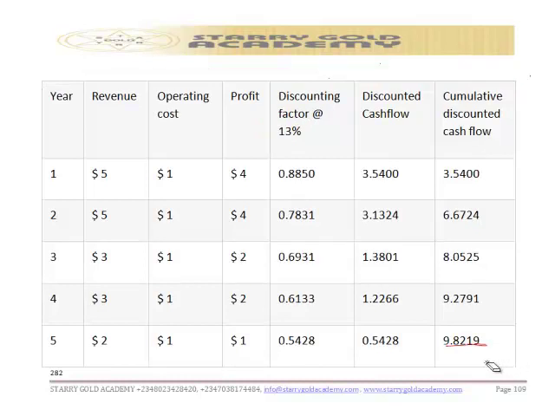When increased, we have a negative value. 10 minus 9.8219 is 0.1781. That is where the error is.